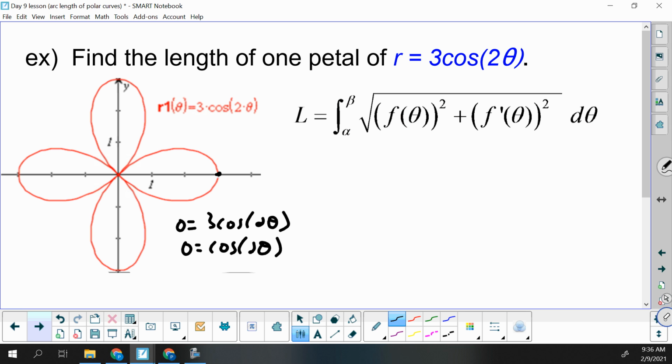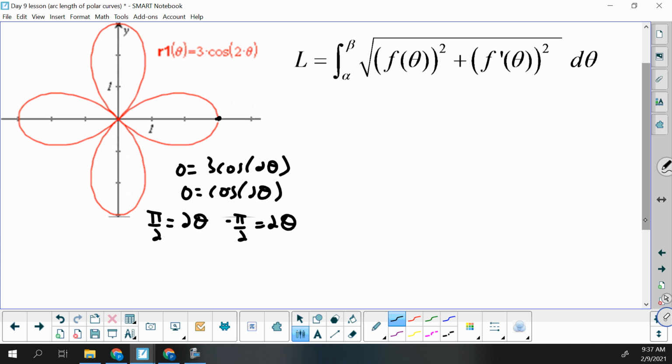Well, the times when cos is 0 on either side of theta equals 0 are at pi over 2 and negative pi over 2. So we'll set those equal to 2 theta. So therefore, we will be at the pole at negative pi over 4 and pi over 4. So that'll be our bounds for the integral.